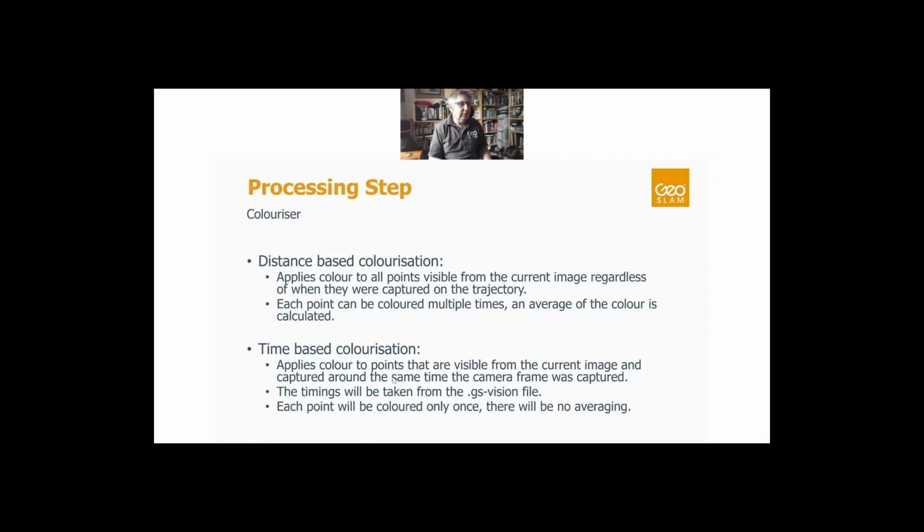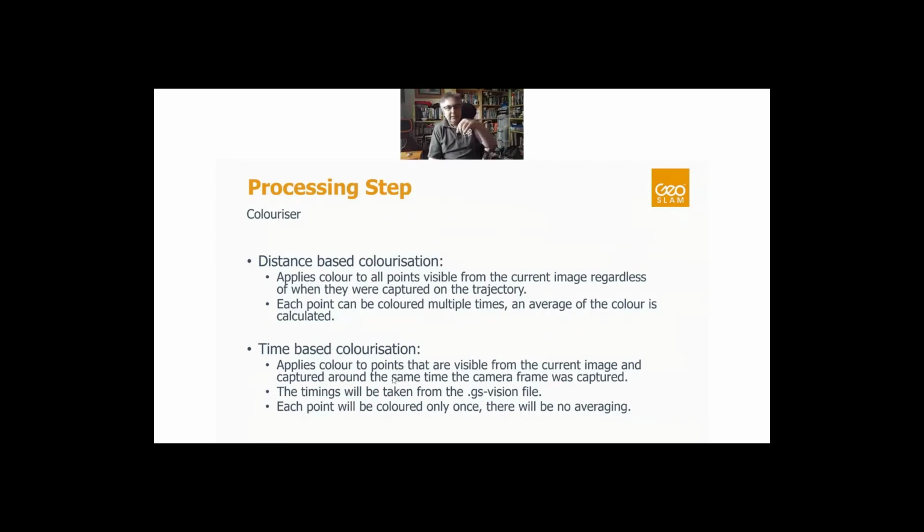If I was to use distance-based, this is a much more rigorous way of coloring the data. In this way, what we really do is we take all the points from the whole point cloud that are visible from that one image.